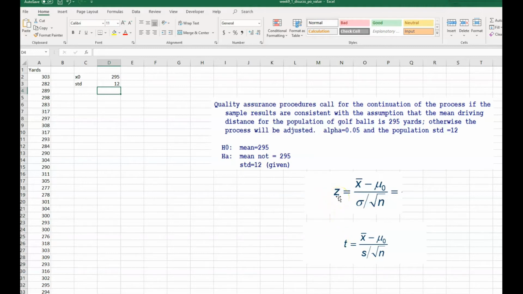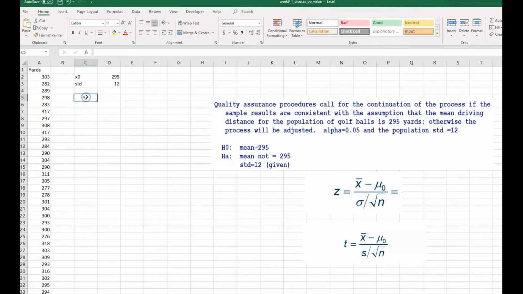This is the normal distribution. This is the t distribution. To calculate the distance, we apply 2 methods. One I call the distance. Because sigma is given, we calculate the z value.